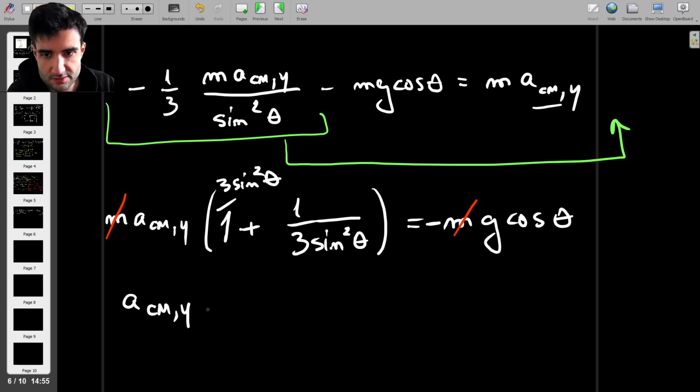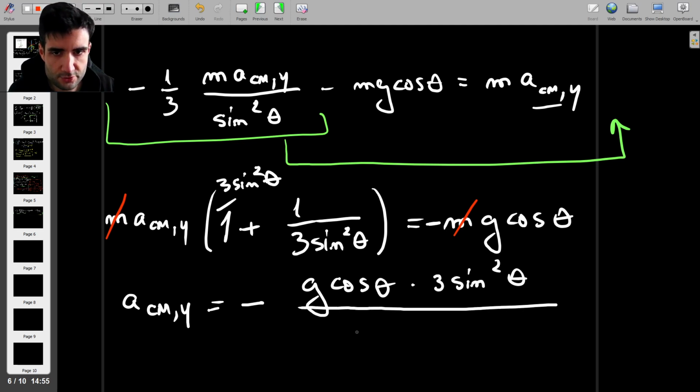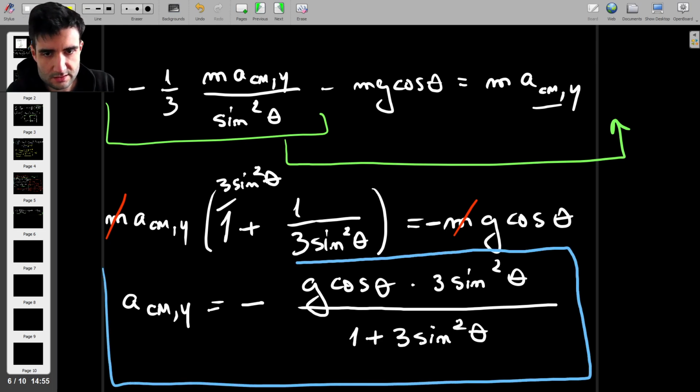So the acceleration of the center of mass will be minus g cosine of theta multiplied by 3 sine squared of theta over 1 plus 3 sine squared of theta. Okay, so this is the acceleration of the center of mass in y.